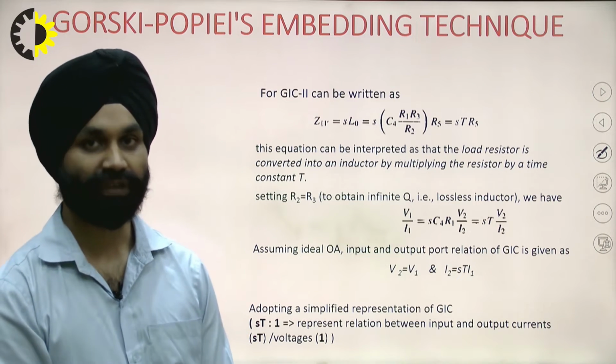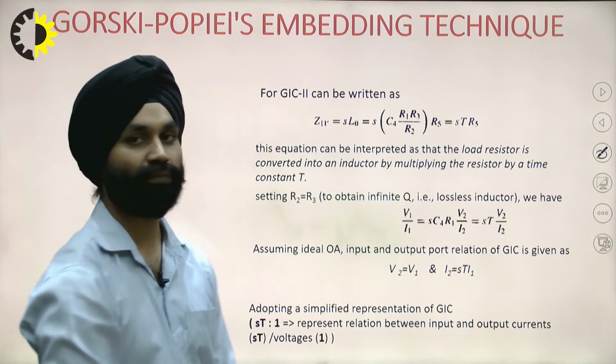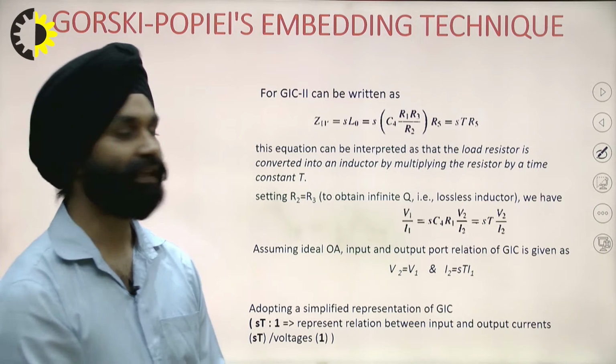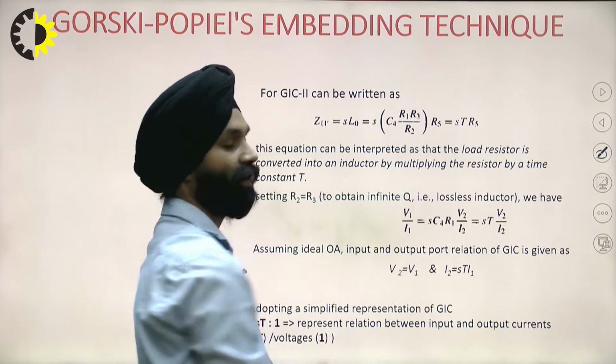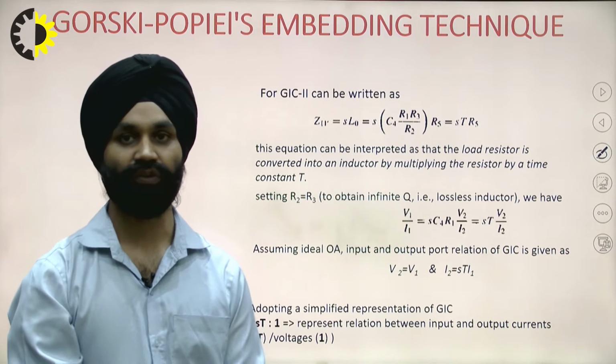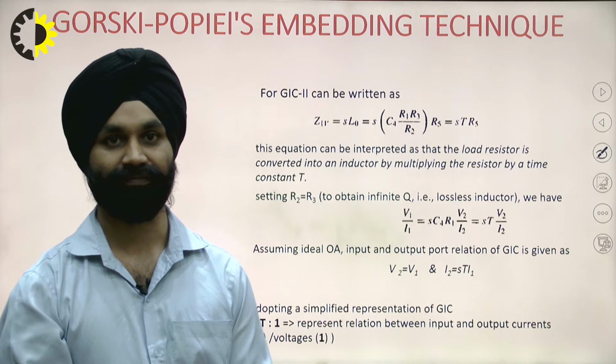In the GIC2 circuit, we can take Z11, which is the input impedance, as S T R5. You can see lecture number 3 of unit 4 for this derivation.